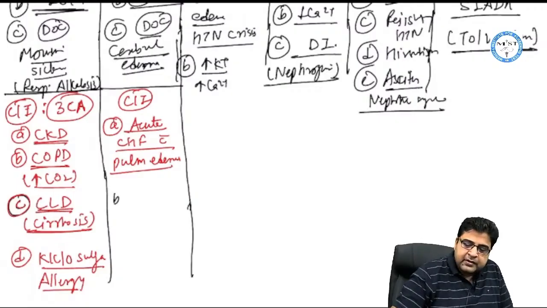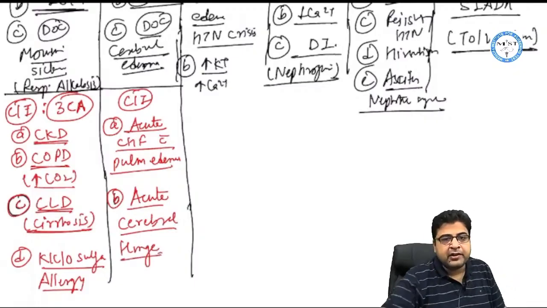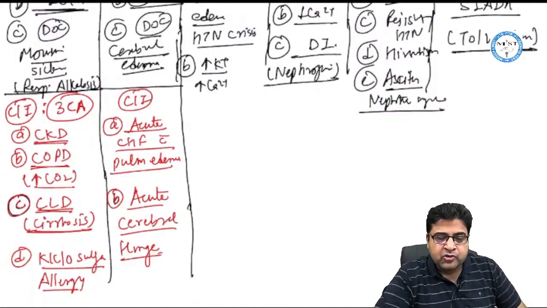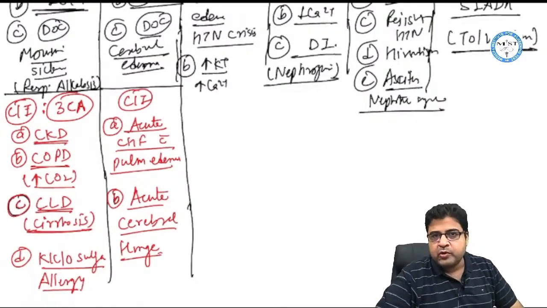Plus, this medicine is contraindicated in a patient who is having acute cerebral hemorrhage. In acute cerebral hemorrhage, the blood vessels are ruptured in the brain. So if you give the medicine, it will leak out from those blood vessels and enter the brain tissue.